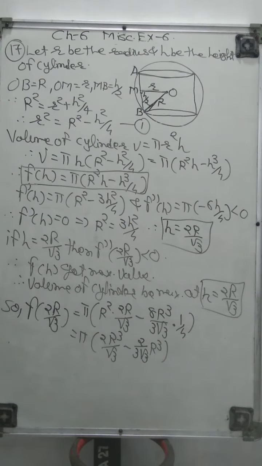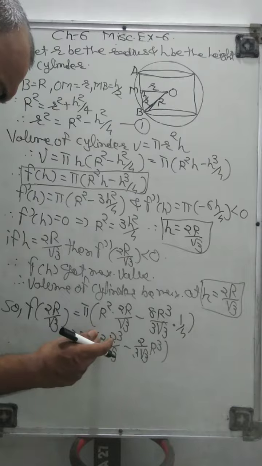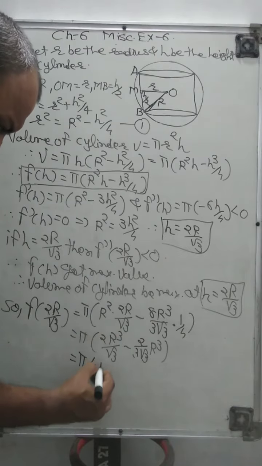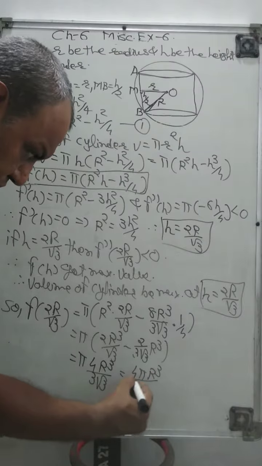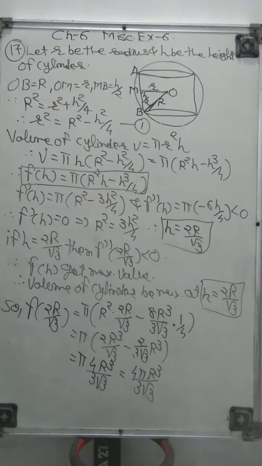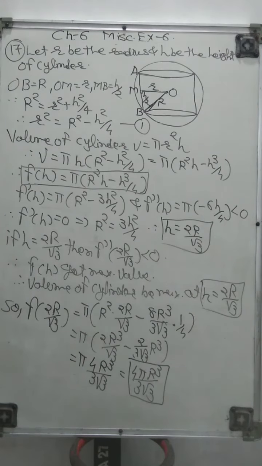Okay, if we simplify, then we get our answer: pi, here we multiply by 6, means 4R cube upon 3 root 3, or 4 pi R cube upon 3 root 3. This is the maximum volume of the cylinder, right? So the maximum volume of the cylinder, which is 4 pi R cube upon 3 root 3, is obtained according to the given data. So this sum is also a very important sum.